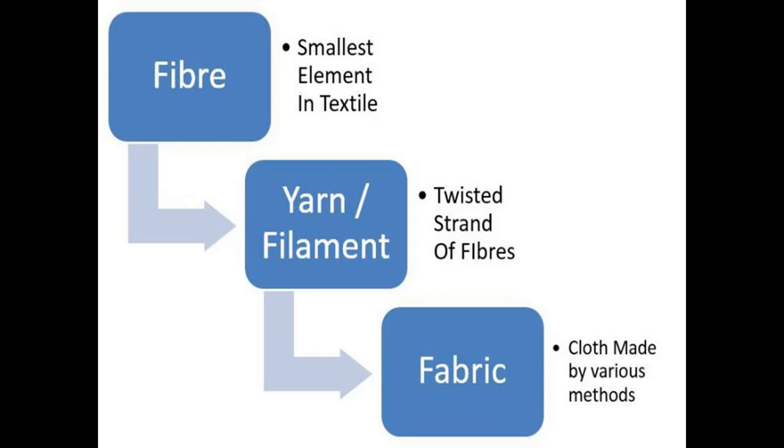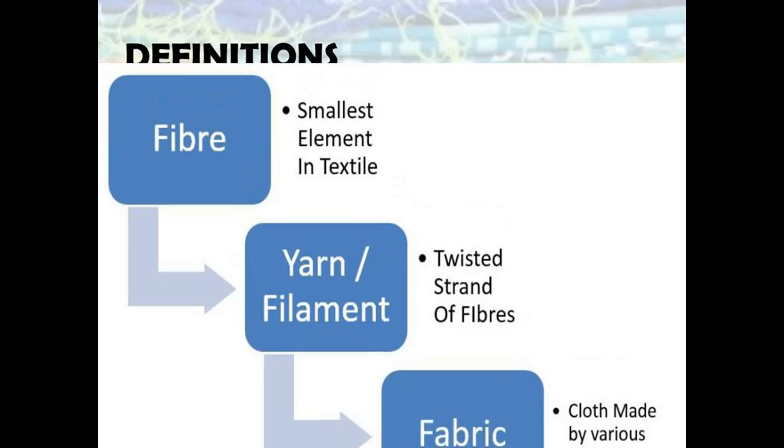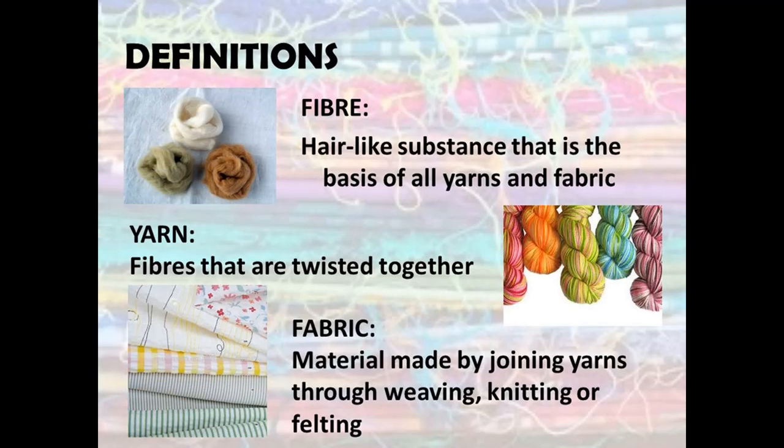Cloths are made by various methods. By using these yarns, cloths are made. Let us learn the definition of these fibre, yarn and fabric. Fibre, it is a hair-like substance that is the basis of all yarns and fabric.